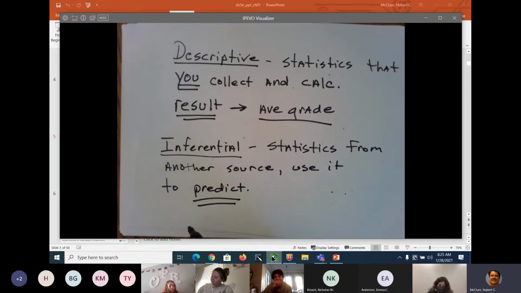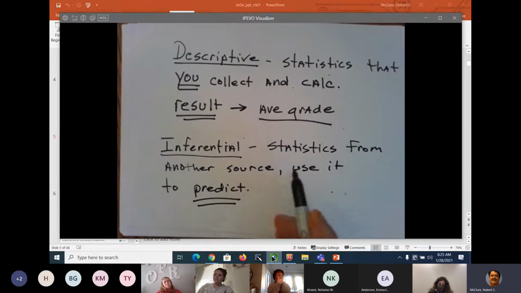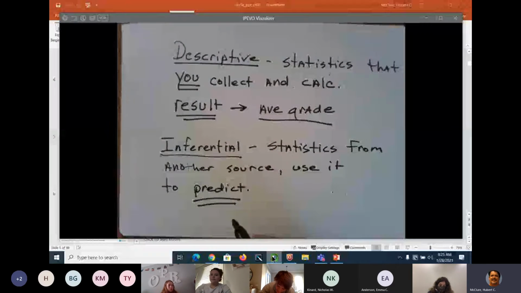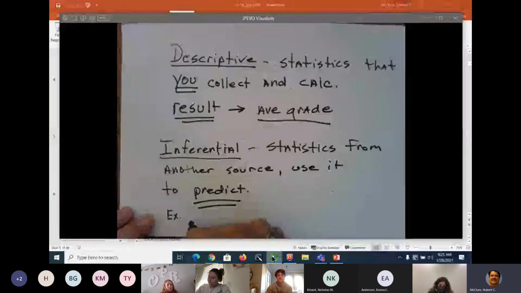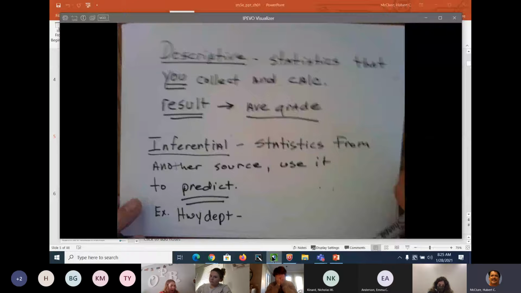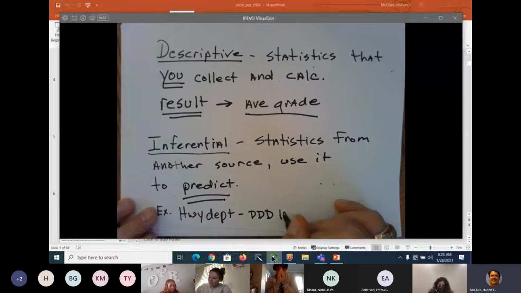Now, that's pretty layman's terms, but I'm going to give you an example. Write this down. Example: you go to the highway department and you pull drunk driving deaths for the last 5 years.